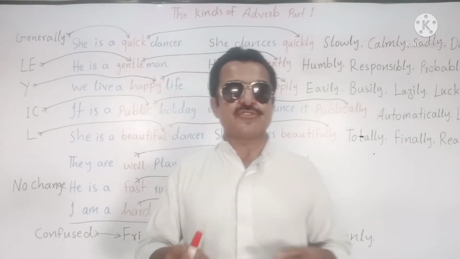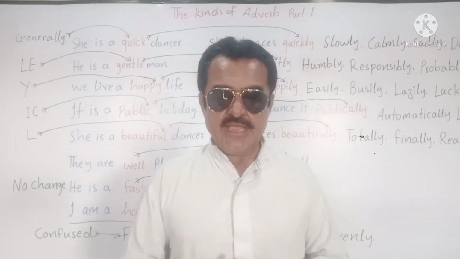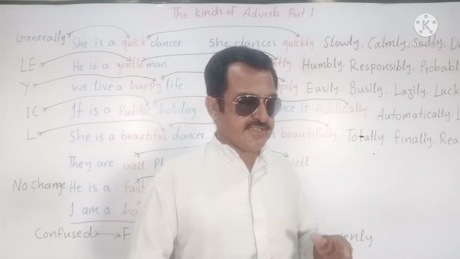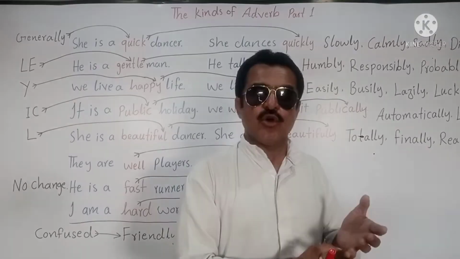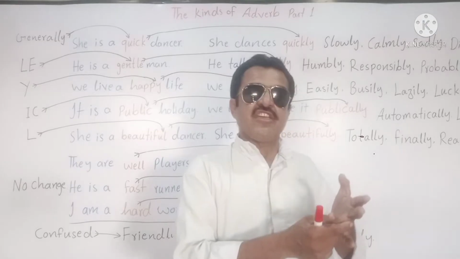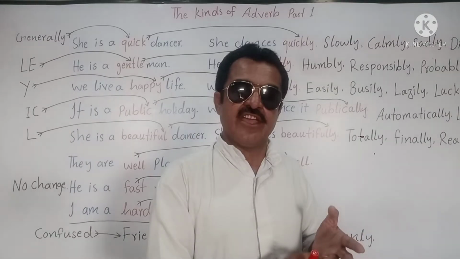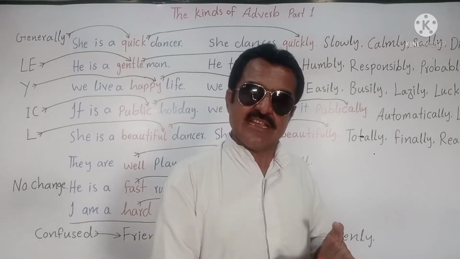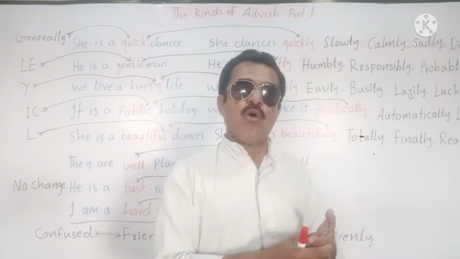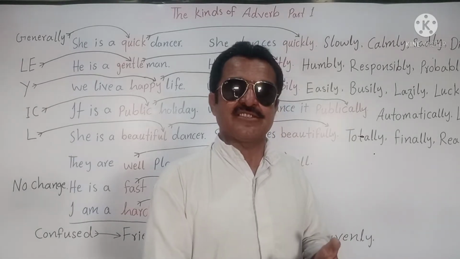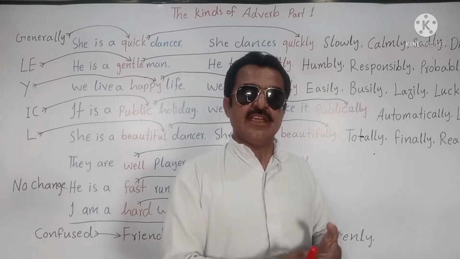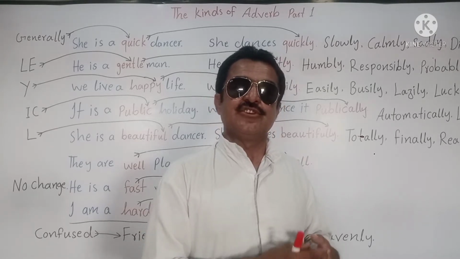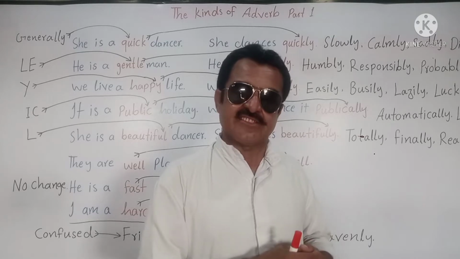So here simply I want to tell you that an adverb tells us how something happens or is done, when something happens or is done, where something happens or is done, how often something happens or is done, and to what extent something is or happens.